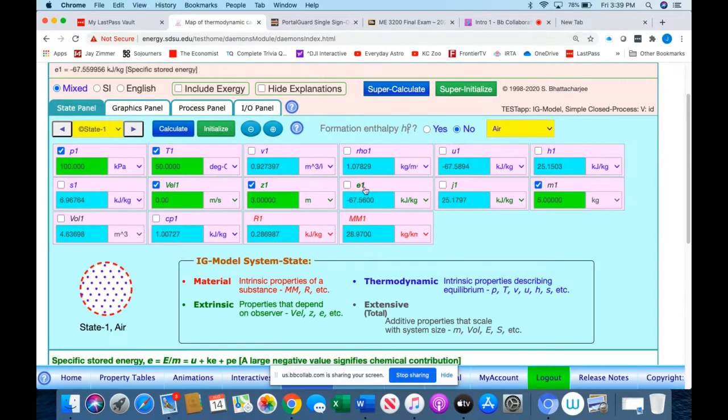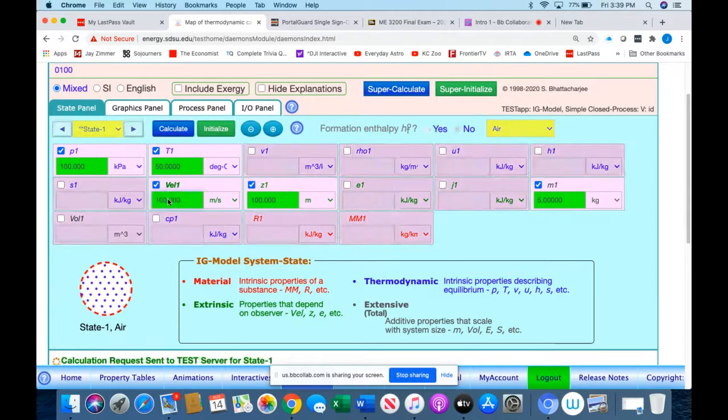And so you see that it's not considerable, but it is in the 100th place here, a slight difference. Had I given this a much larger rise in elevation, one could see that the internal energy and the stored energy are slightly different. Same thing holds as if I'd given it some velocity.